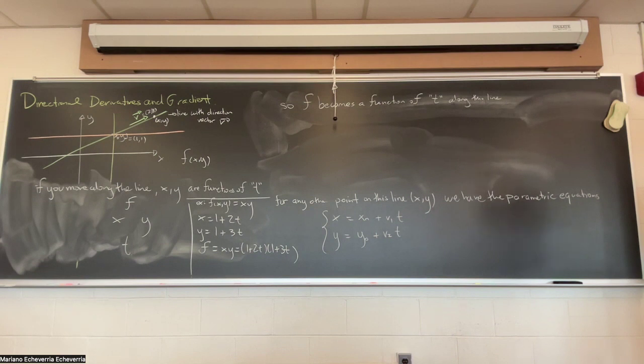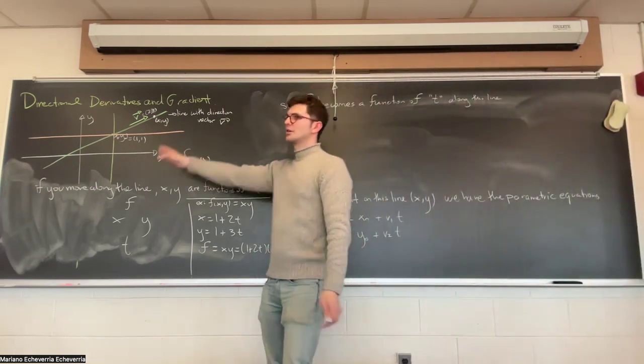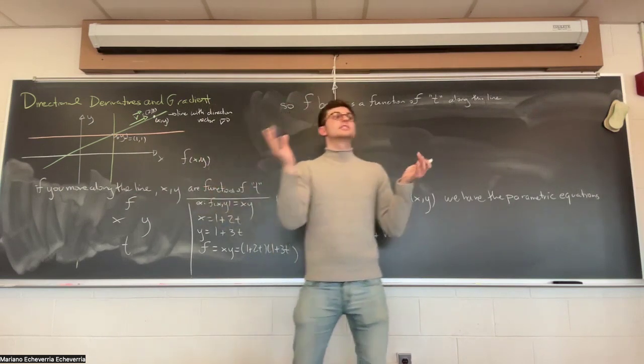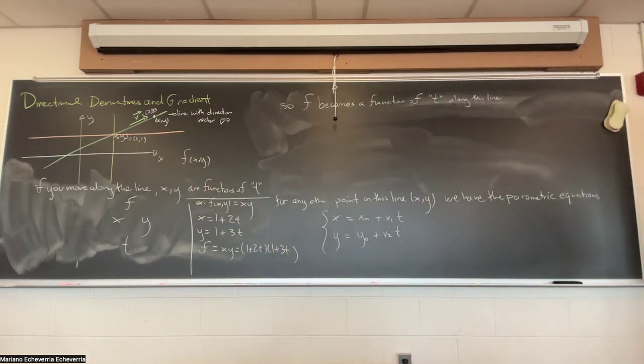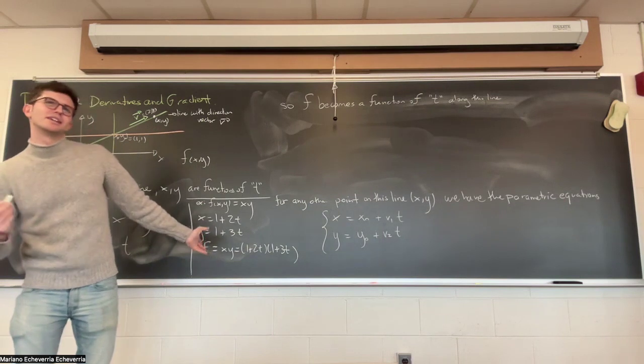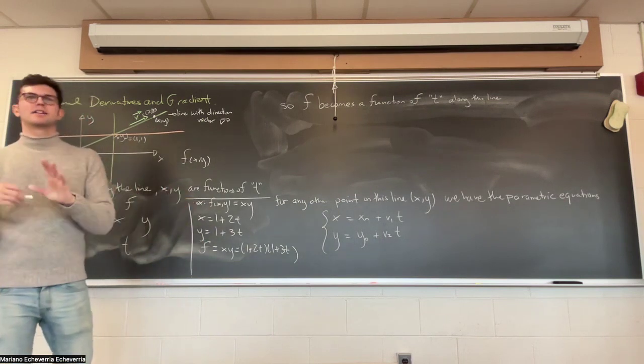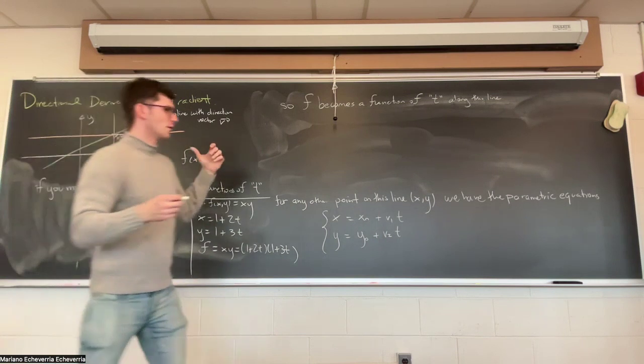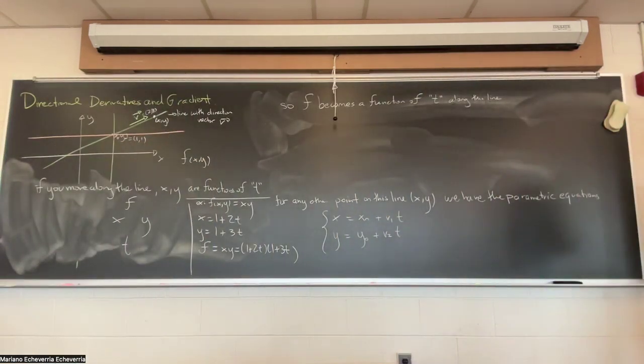When you look at the limit along a particular path, like y equals mx or y equals x, it collapses to a limit of one variable, because it just depends on x. Similarly, on a particular line the function just becomes a function of t. So the derivative in the direction of the line should more or less be the derivative with respect to t. That's what makes the most sense and what agrees with the cases of i and j.